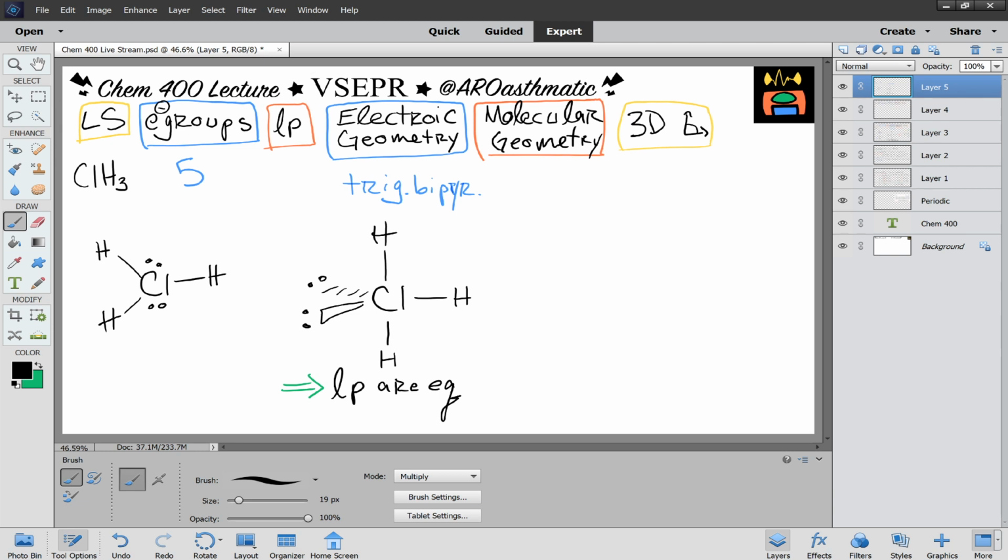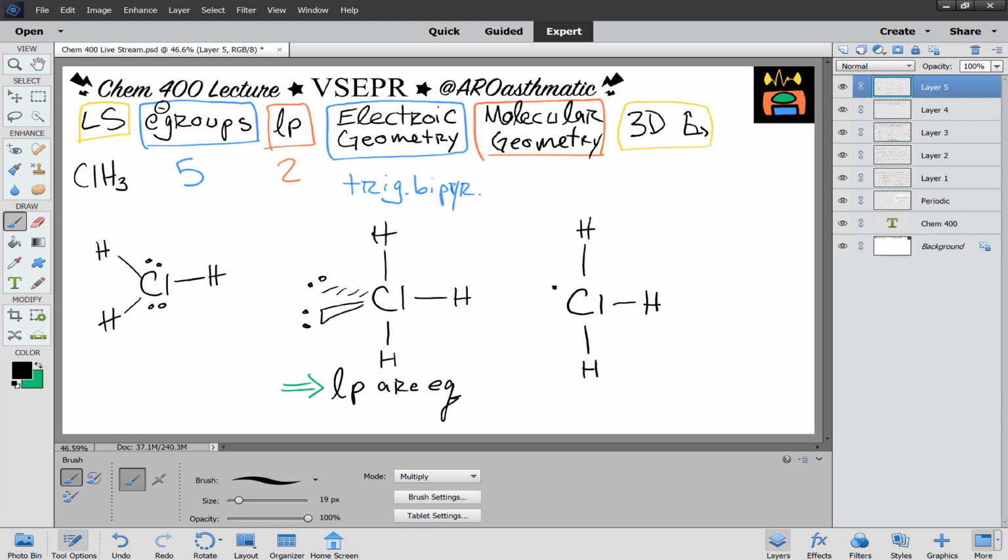Now, the molecular geometry, which changes from the electronic geometry because we have 2 lone pairs, will have a shape that's just determined by the atoms, by the nuclei, not by the lone pairs.